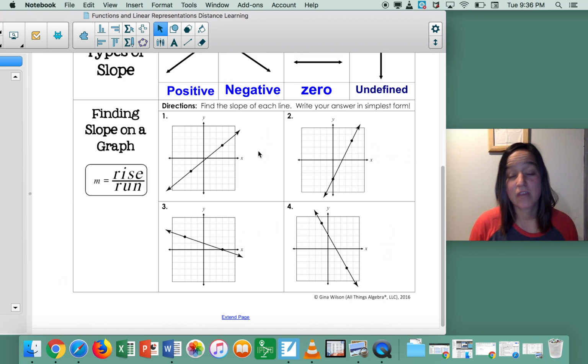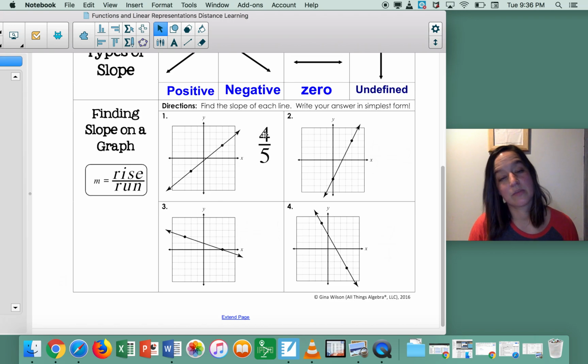When I count up, I get 4, and when I count over, I get 5. You'll notice I stayed on the same side. I'm counting 4 up and 5 to the right. That means both those numbers are positive. So that's why it's 4/5.